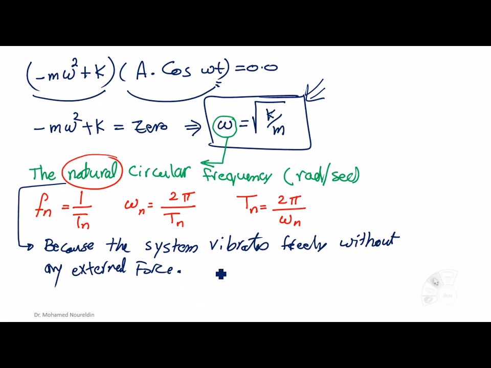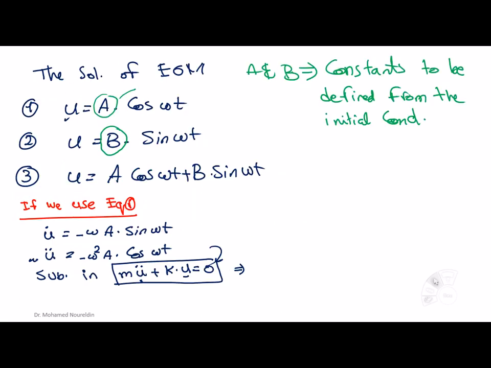Okay, so also you can write this small note: because the system is linear, these values are independent of the initial conditions, which means the displacement and velocity. Okay, so now we were using equation 1. What if we use equation 3?